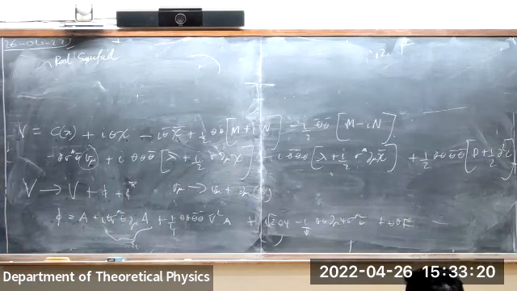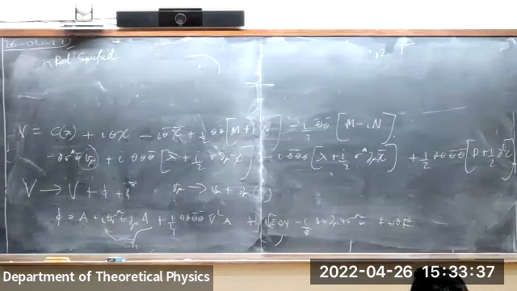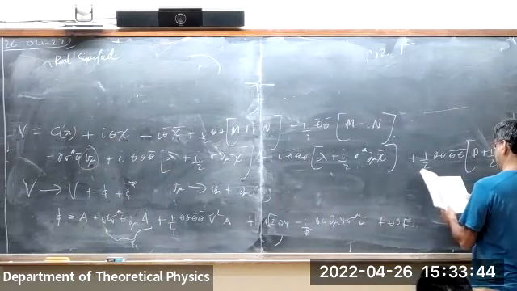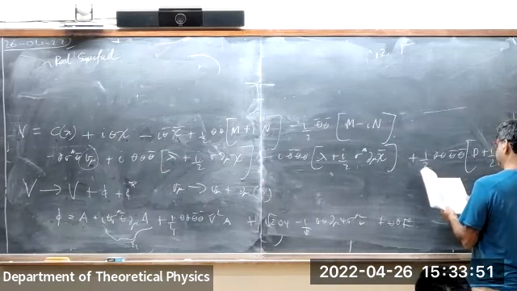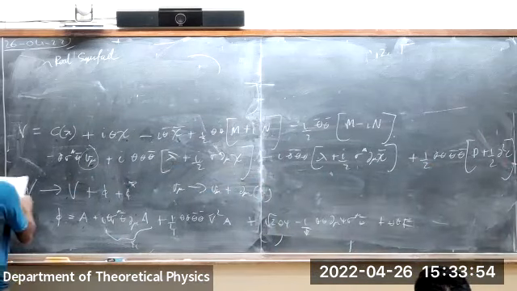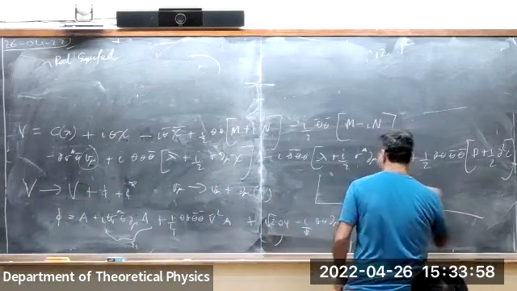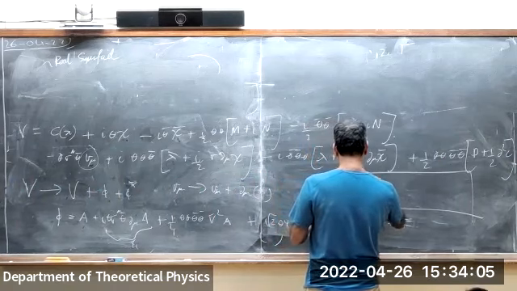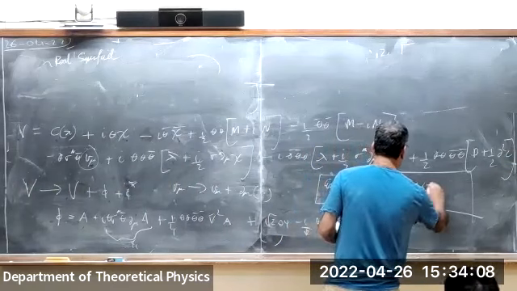A gauge condition. What we can do in this is to set a gauge in which C, chi, M, and N are all equal to 0.